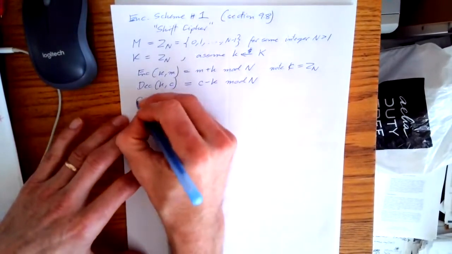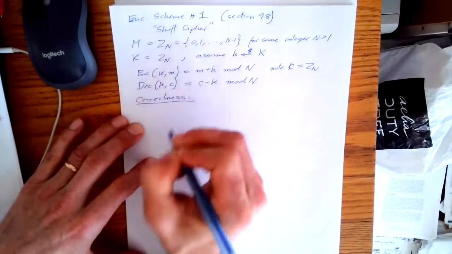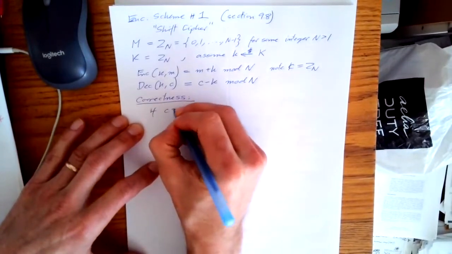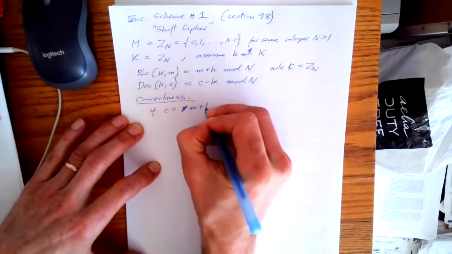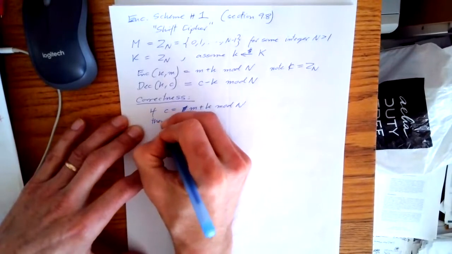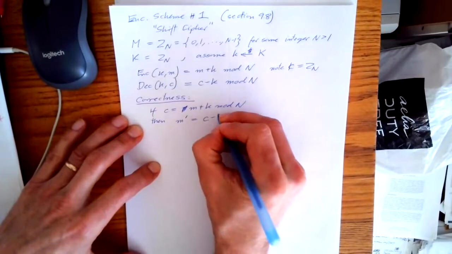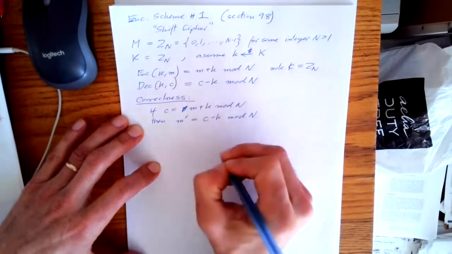Okay, well, correctness, you can all see it, is that if ciphertext is computed as m plus k mod n, then if I use the same key and decrypt that ciphertext, what do I get?